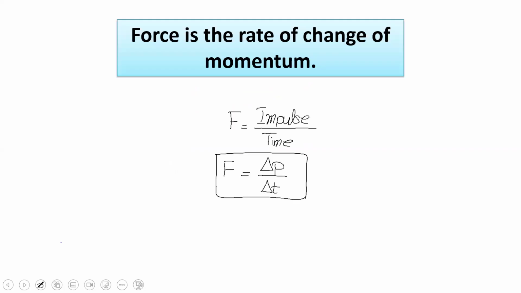Acha, now what is the definition of force? Look at the screen. Can you remember this definition? Force is the rate of change of momentum. And what's the formula? F is equal to impulse upon time.